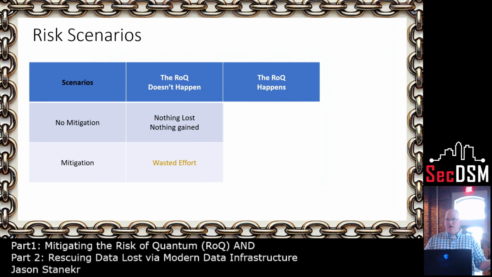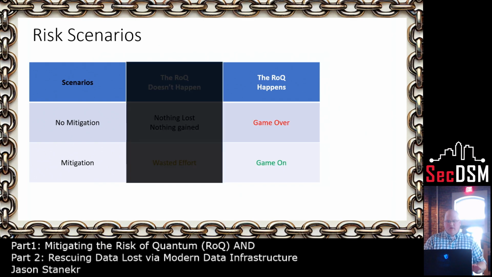We have all priorities, there's different things of importance, but if the rise of quantum does happen, and we lose the confidentiality of information, and we lose the integrity of systems and data, we're essentially looking at a game over scenario where we do lose our prosperity.